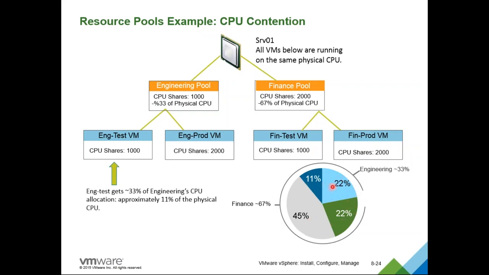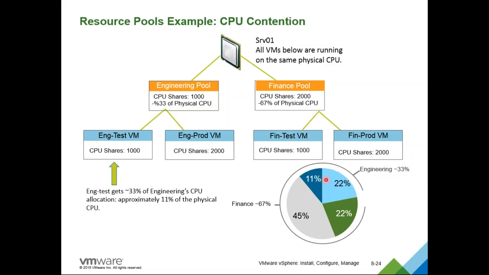Even the same scenario for here also. For engineering, you have 33% of CPU resource shares. In that, I can use only 22% as per the requirement. When my virtual machine is powered on and I open applications, when I am utilizing multiple applications, I can utilize only 22% out of the 33% of total available CPU resources.